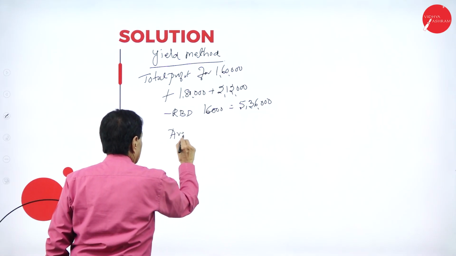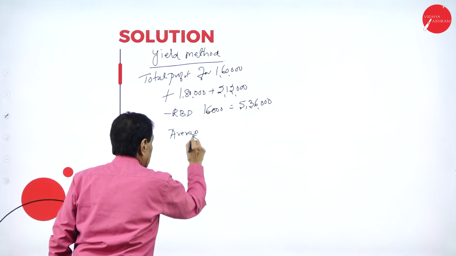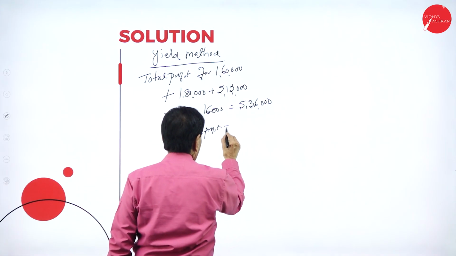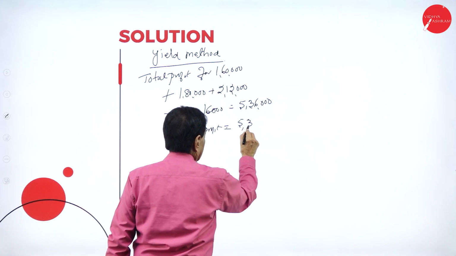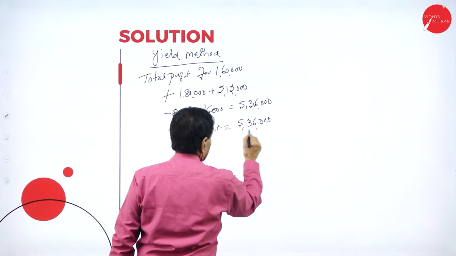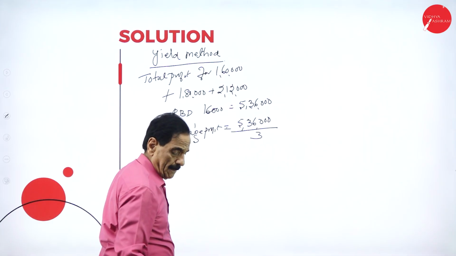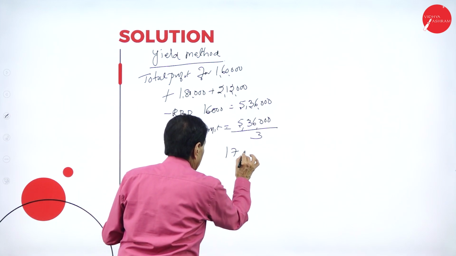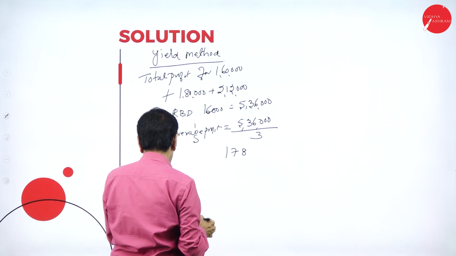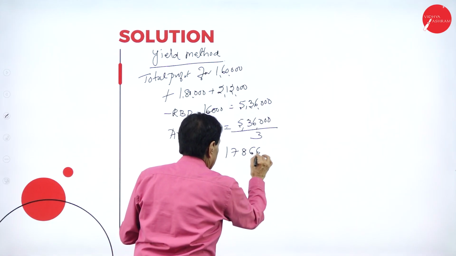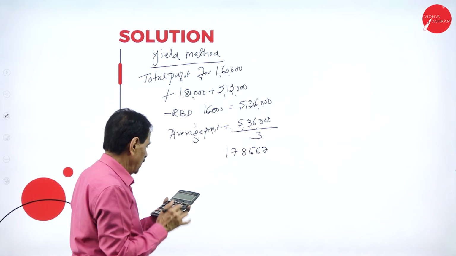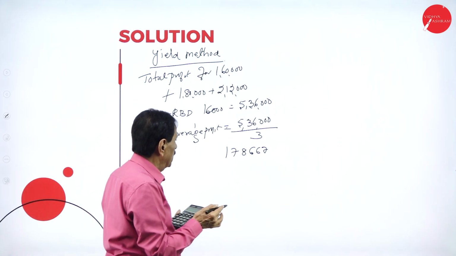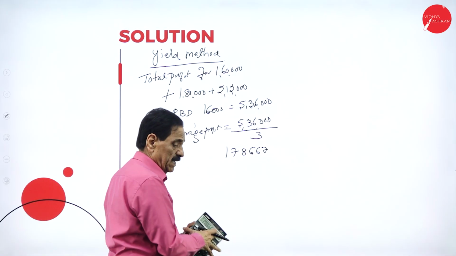Average profit is 5,36,000 divided by 3, which is 1,78,667 recurring. This is the average profit. This is the first step.